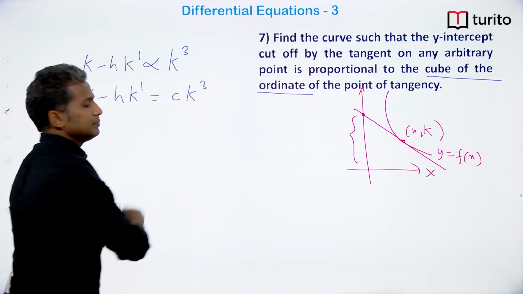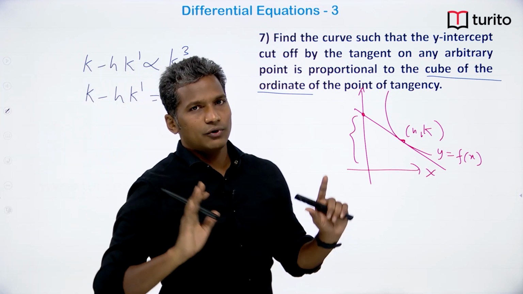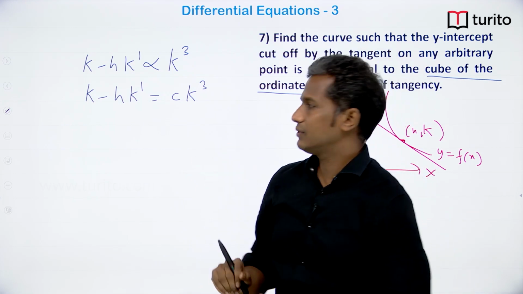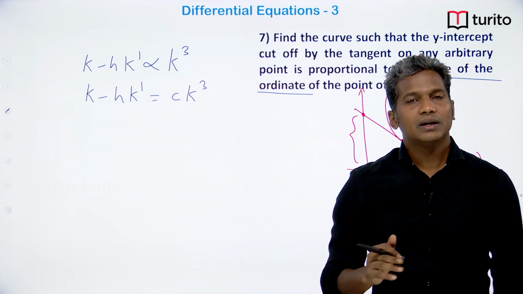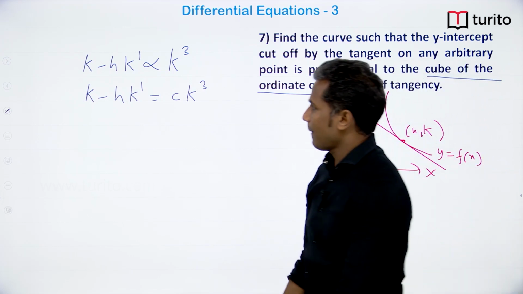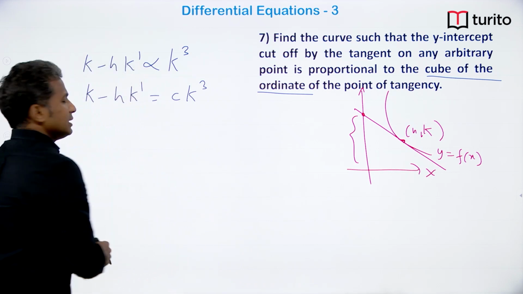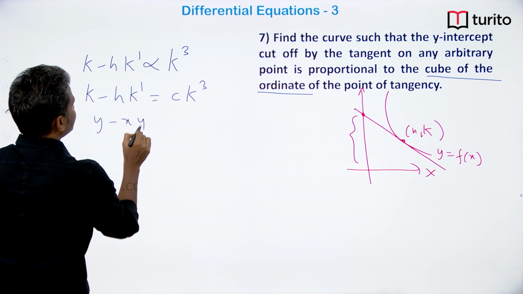Let's take it as c. Now it is in the standard form of a standard differential equation. So we'll put h equal to x, k equal to y, convert this into the standard form and then see what kind of form it is. But of course we can make out that this is one of the forms that we have discussed.